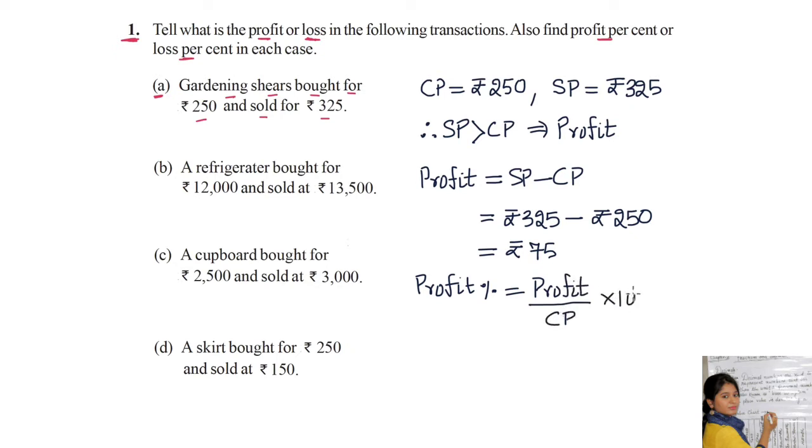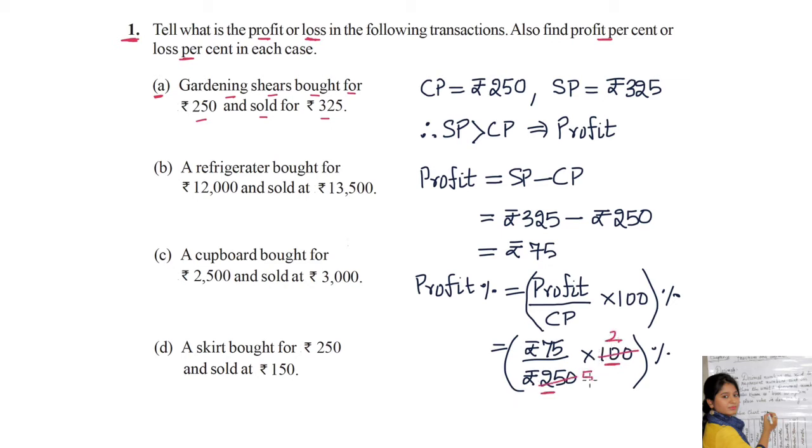And profit percent will be equal to, using the formula we have learned, profit upon CP into 100, right? So we'll directly put in the values and that will give you the profit percent. Profit upon cost price, that is 75 upon 250 into 100. So 0 will be cancelled out by 0, right? We will reduce it now. Then we will reduce it by 5.